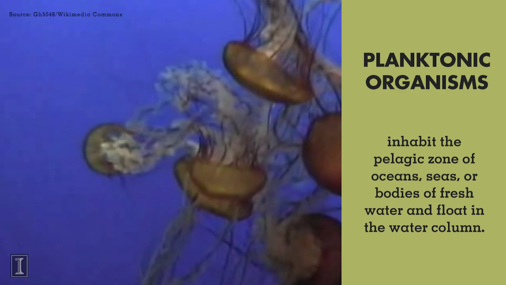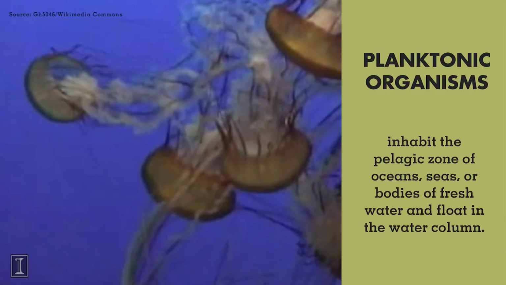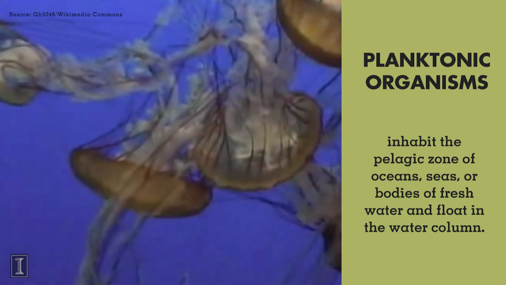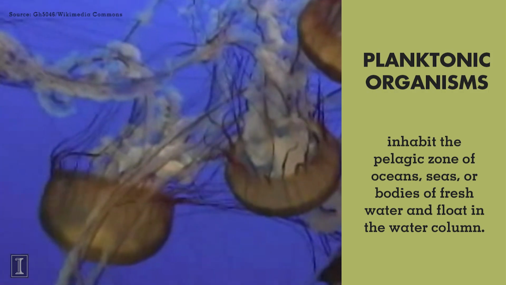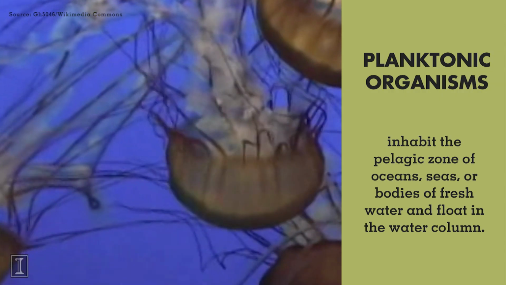A planktonic organism lives in the pelagic region and floats with the current. It's at the mercy of the currents and is not moving in a particular direction. So if you have identified a radially symmetrical organism, it could be planktonic. A jellyfish is a great example of that.